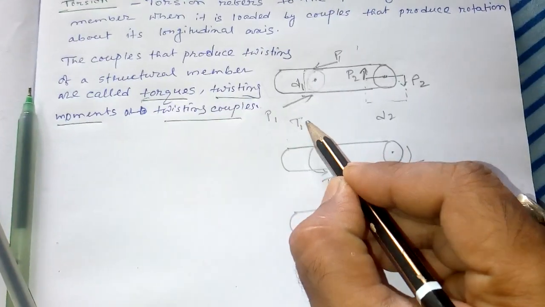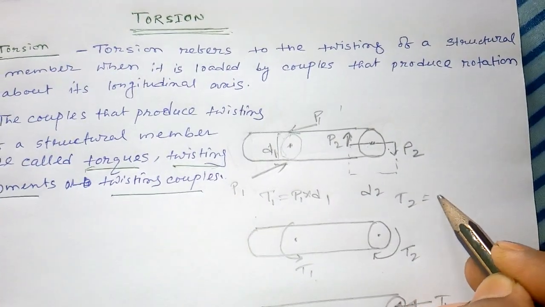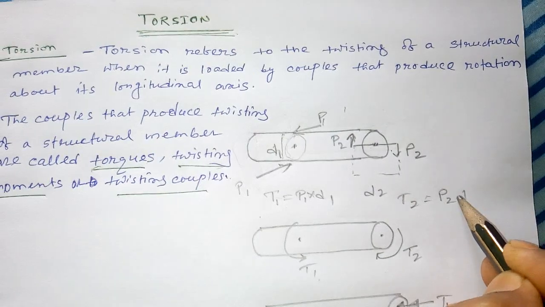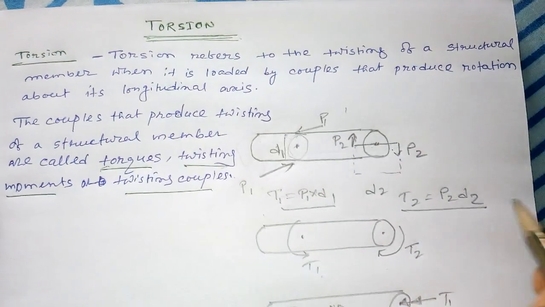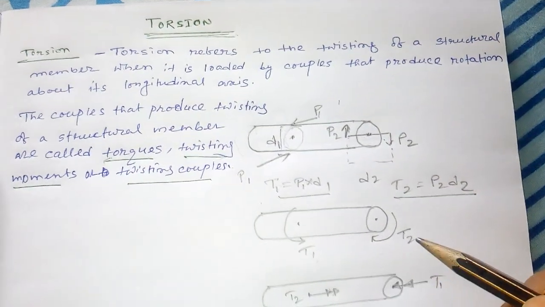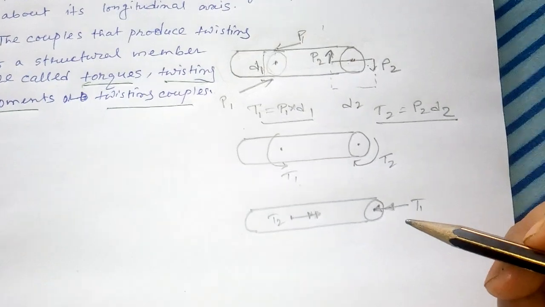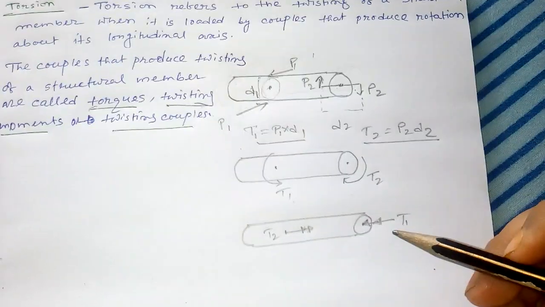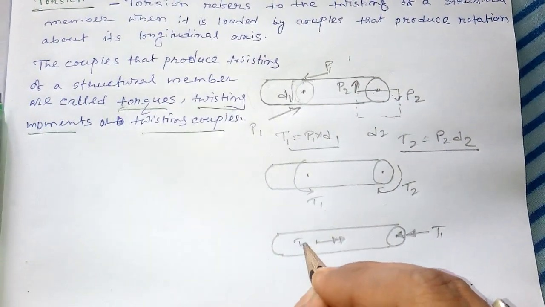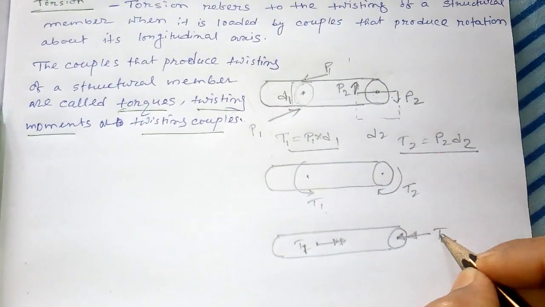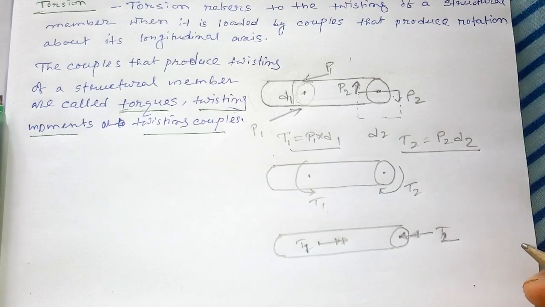That means T1 equals P1 multiplied by D1, and T2 equals P2 multiplied by D2, force into distance. So T1 and T2 are the couples. We can represent it by a curved line, or by a double-headed arrow. So this will be T1 and this will be T2.